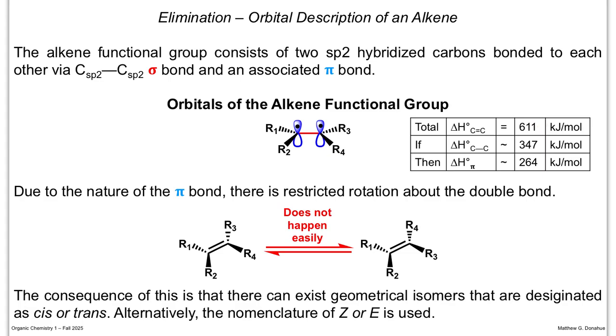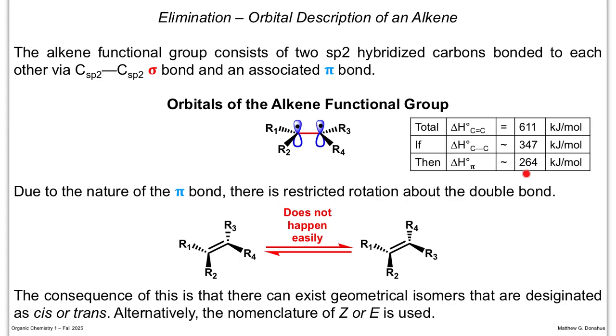And so what happens, because the orbital overlap of the p orbitals has a cloud on top and bottom, it locks in the geometry about that alkene. So when we look at the alkene down here, and then look at the numbering of the substituents, 1, 2, 3, 4, the 1 and the 2 are staying the same here, but on this one, 3 and 4 are flipping.